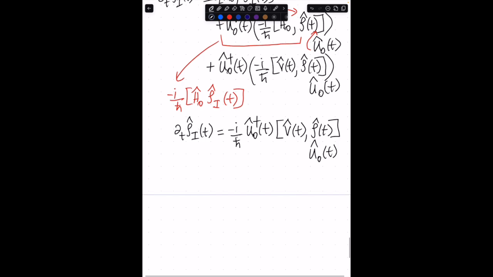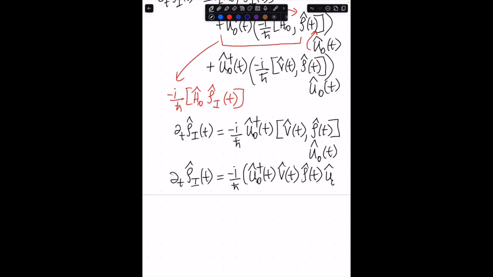Okay, so we proceed to expand this commutator. U hat 0 dagger, v(t) rho hat(t) U hat 0(t), minus the other term from the commutator, which will still have the U hat 0 dagger, rho hat(t) v(t) U hat 0(t).